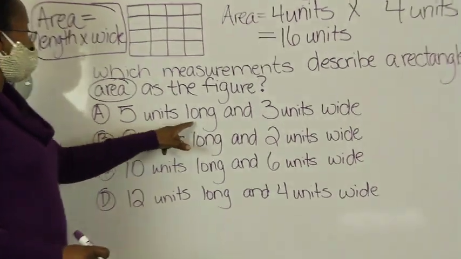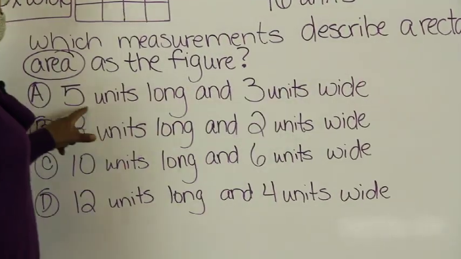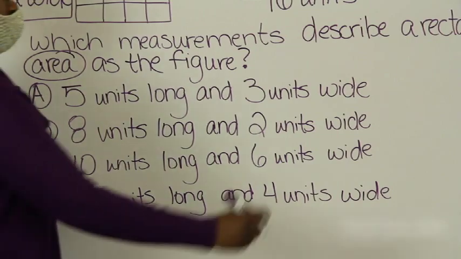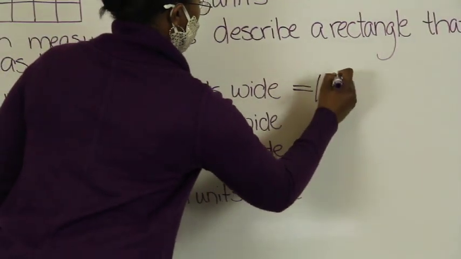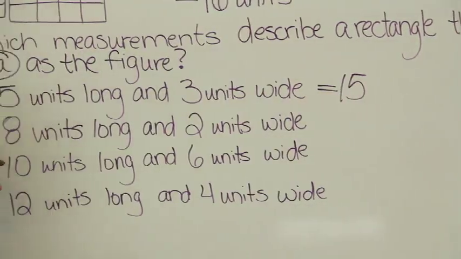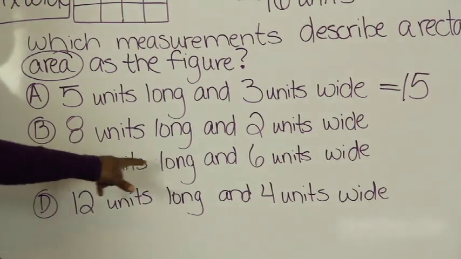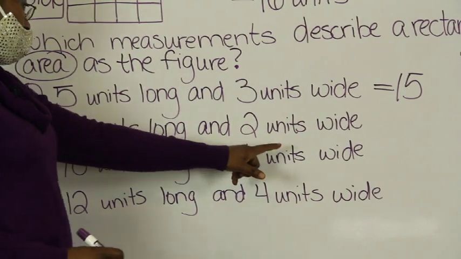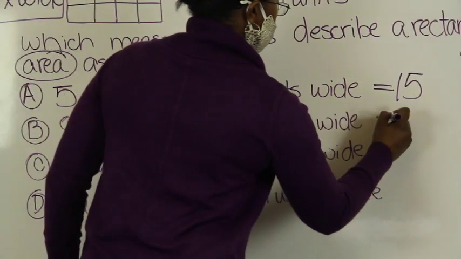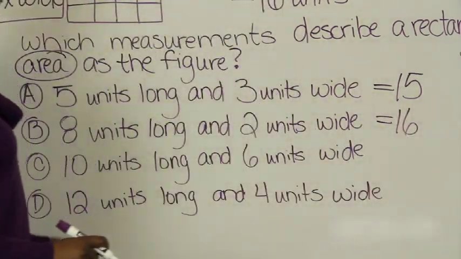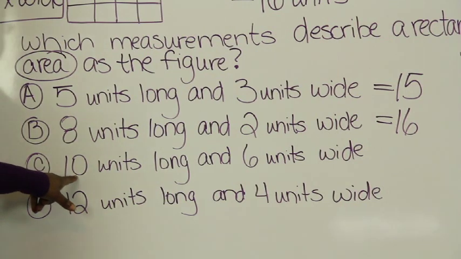So 5 units long and 3 units wide. 3 times 5 equals 15. And now let's go to B. 8 units long and 2 units wide. 8 times 2 equals 16. 10 units long.